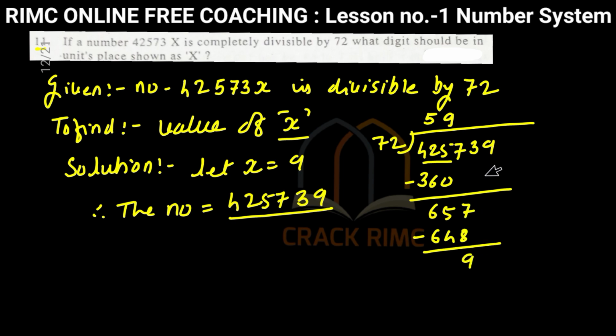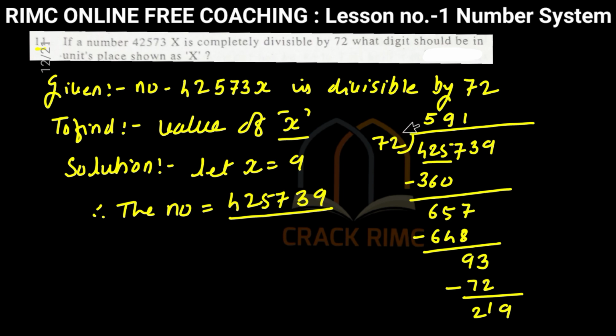Again I will take this 3 down. 72 ones are 72. So this will be 72. Again 3 minus 2 is 1, 9 minus 7 is 2. I will take this 9 down. It will become 219.